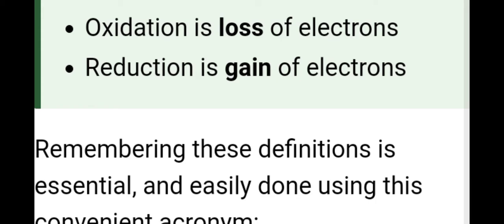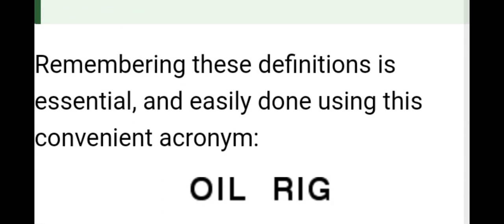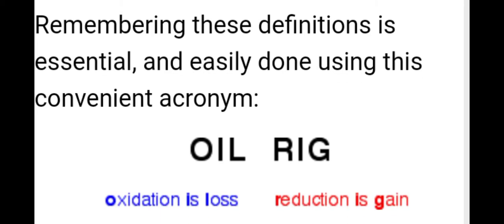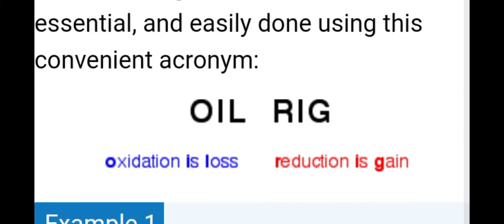Remembering these definitions is essential and easily done using a convenient acronym: OIL RIG. Oxidation is loss, reduction is gain. For electrons, gaining of electrons is reduction and loss of electrons is oxidation.